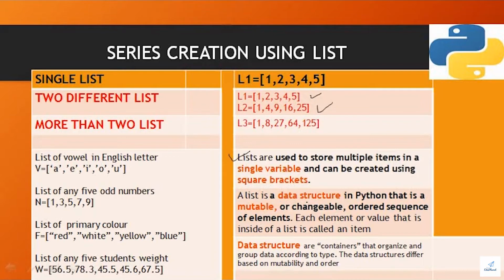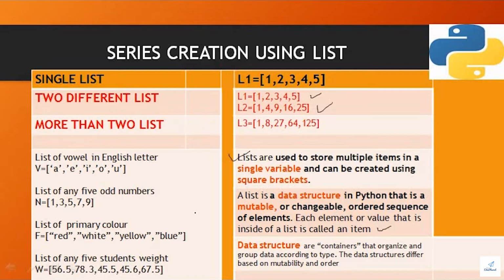Next, a list is also a data structure in Python that is mutable or changeable. Mutable means it can be changed. It is an ordered sequence of elements. Each element or value inside a list is called an item, as I told you, 1, 2, 3, 4, 5 are items of the list. Now the question arises: what is a data structure?